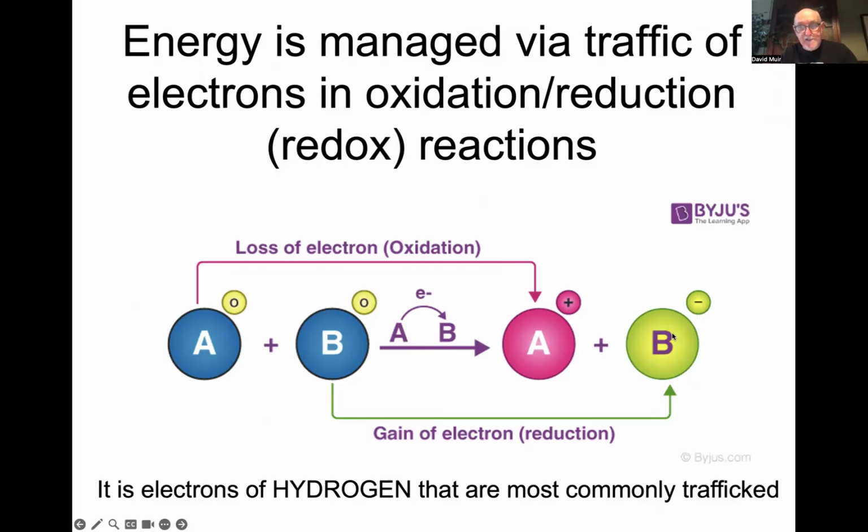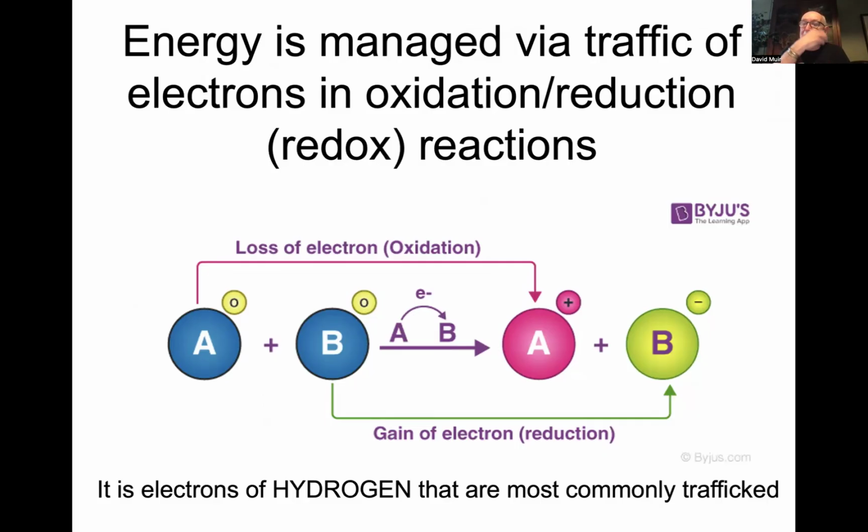In biological systems, it is the electrons of hydrogen which are particularly important. Now, hydrogen consists only of two things. It has a proton, a positively charged subatomic particle in its nucleus, and it then has an electron, which is negatively charged. That electron is very easily removed from hydrogen.